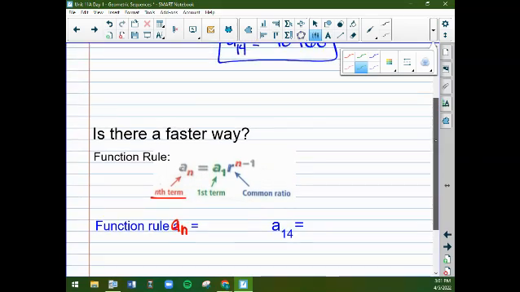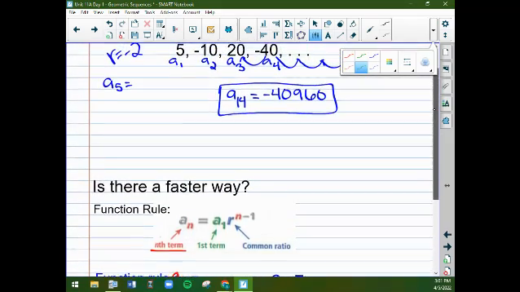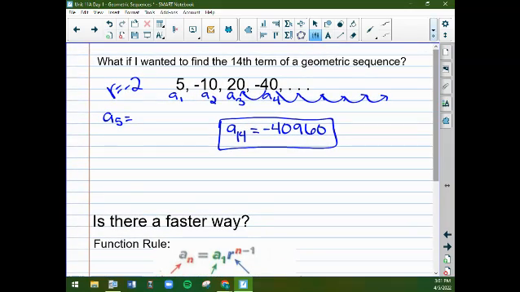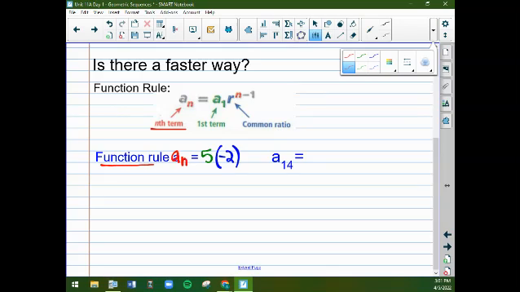So the first term in this example is 5. Okay, so I would plug that in for my a₁. Okay, and then the ratio we calculated was -2. And then because we're just writing the function rule, I'm just going to leave it as n minus 1. Okay, then I could plug in values for n and actually calculate different terms.